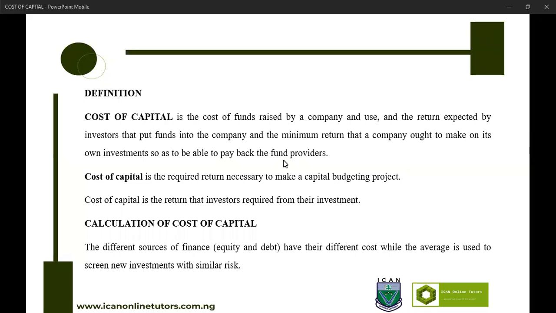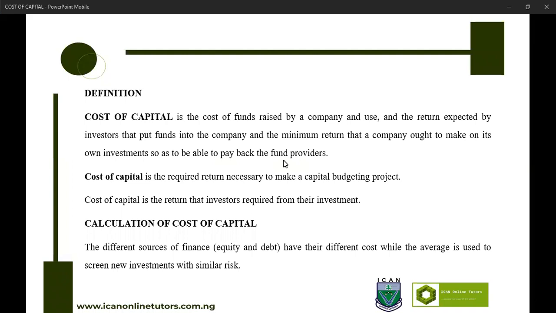That is what is regarded as the minimum return that the providers of funds will be expecting from the investment. Cost of capital is a required return that is necessary to make a capital budgeting project worthwhile. It is the return that investors will require from their investment.